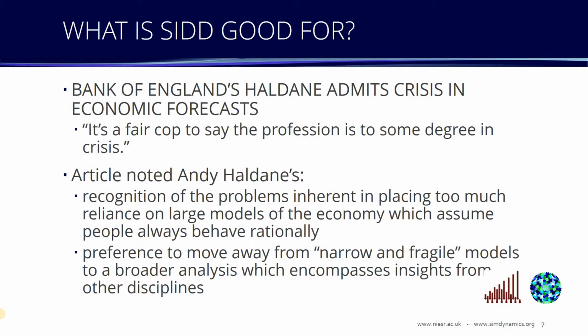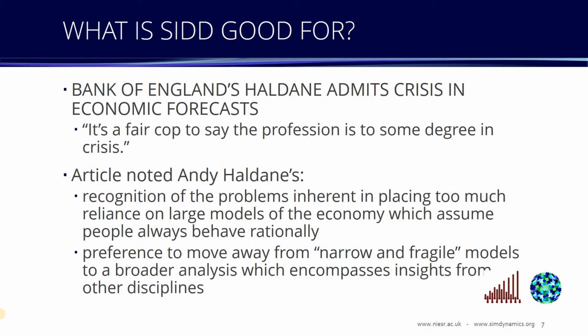And to make clear that even specialists really can be somewhat confused about this point, there was an article in January's Financial Times entitled "The Bank of England's Haldane Admits Crisis in Economic Forecasts."